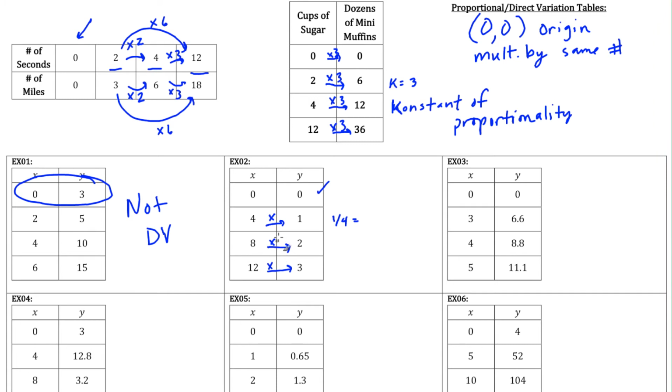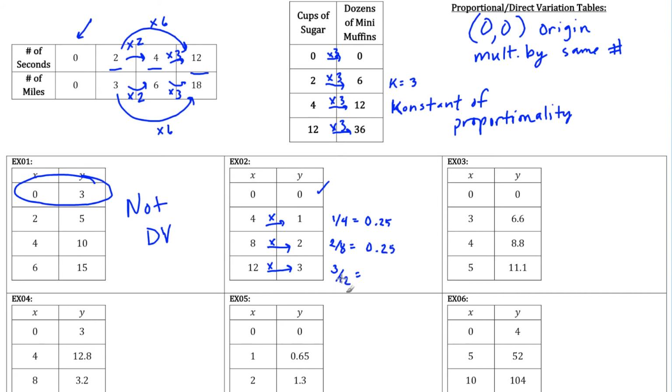Let me rephrase that. If I'm multiplying this way, I figure out that number by dividing going backwards. So if I'm multiplying to the right, to figure out what I multiply by, I have to divide going left. So this one would be 1 divided by 4, this one 2 divided by 8, this one 3 divided by 12. 1 divided by 4 is 0.25. 2 divided by 8 is 25 hundredths again.